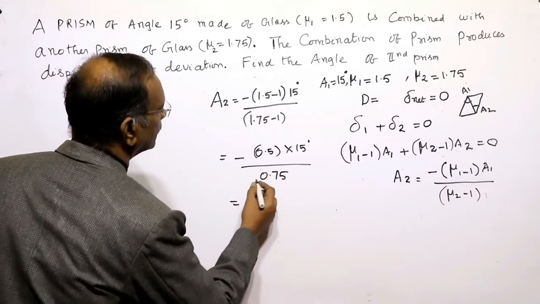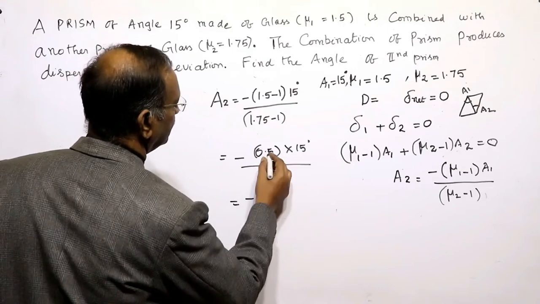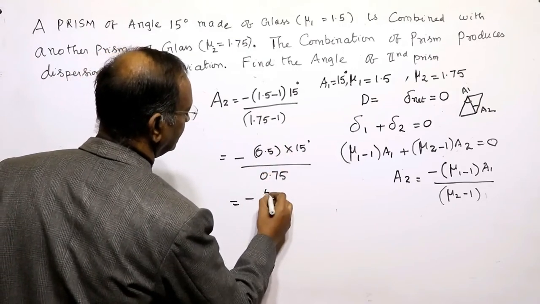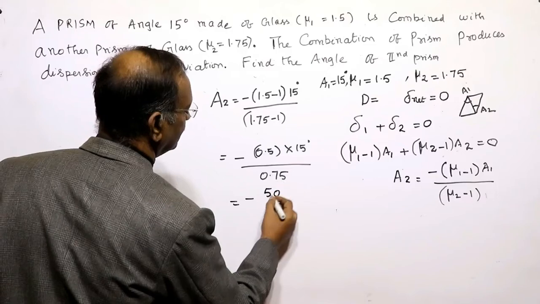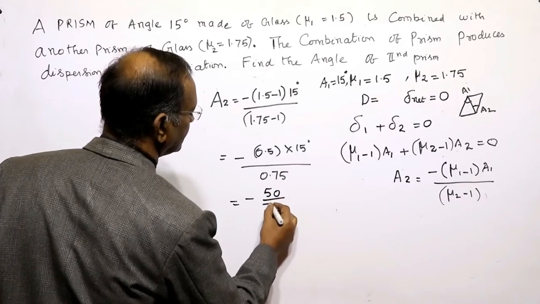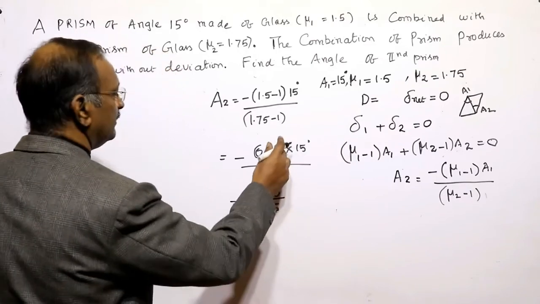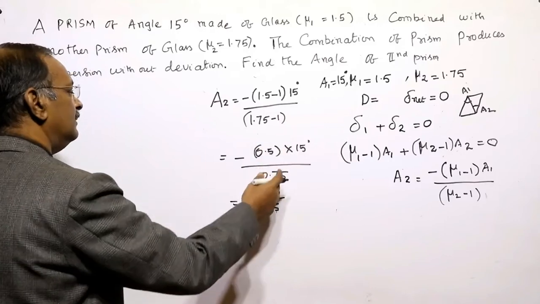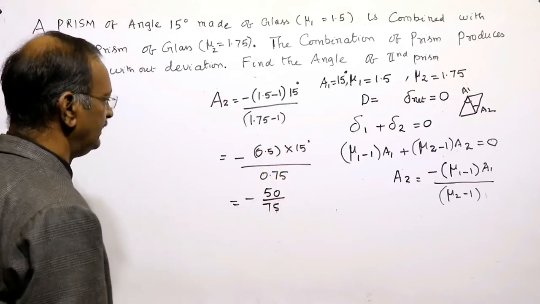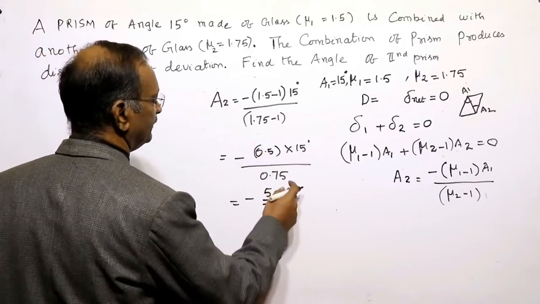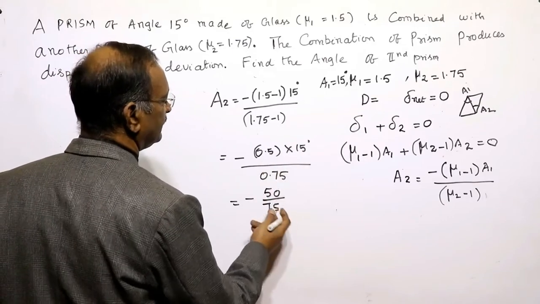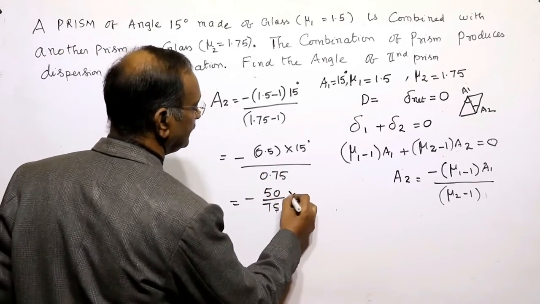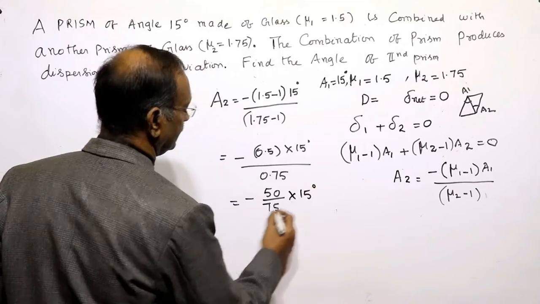So this is equal to minus 0.5 multiplied by 100, which becomes 50, and 0.75 multiplied by 100, which becomes 75. Multiplying numerator and denominator by 100, we get 50 into 15 degrees over 75.